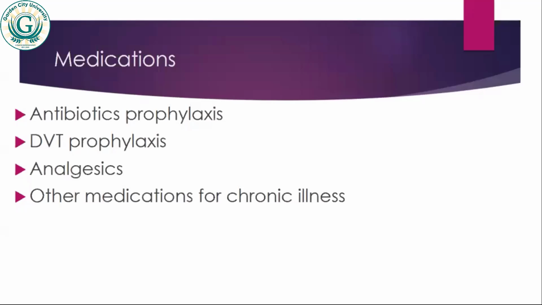We give DVT prophylaxis also, depending on the patient, those above 40 years, patients who are obese. We want to give DVT prophylaxis, right? Analgesics, and then if they have any chronic conditions, also their chronic medications, we want to give it to them.